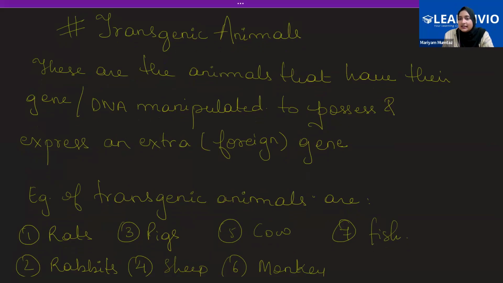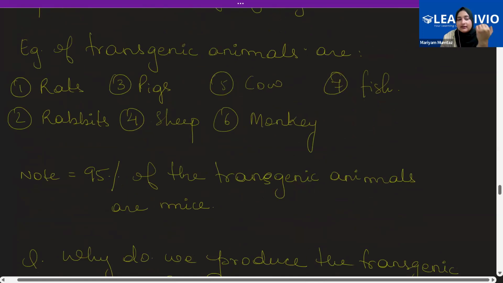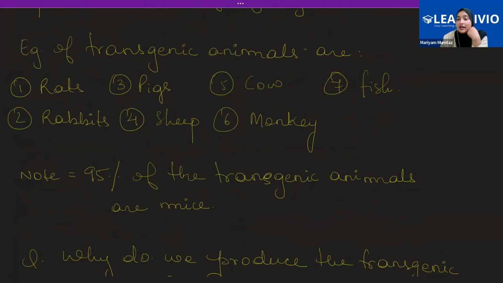So, these are the animals that have gene or DNA manipulated to possess either an extra gene or remove some of their genes. Some of the examples of transgenic animals are rats, rabbits, pigs, then sheep, cows, monkey, fishes. These are some of the examples of transgenic animals.